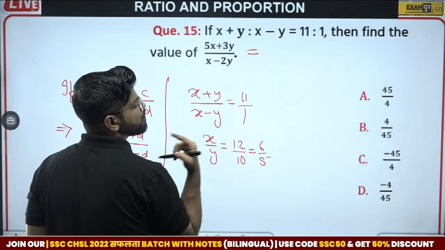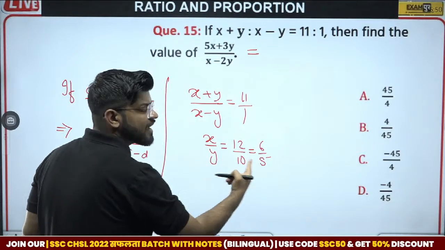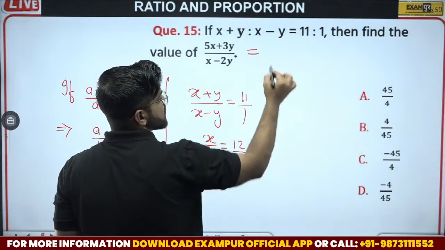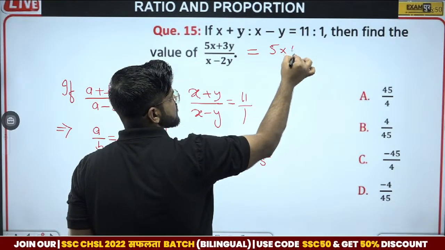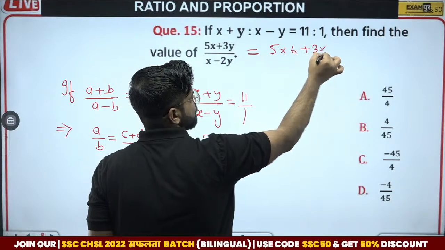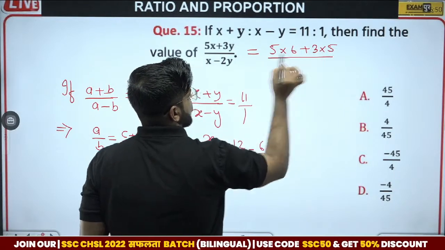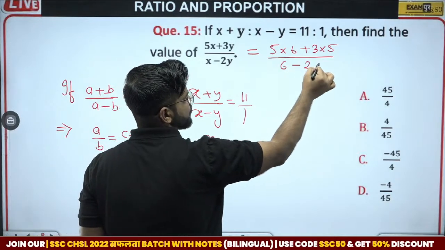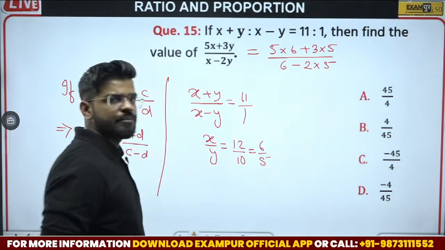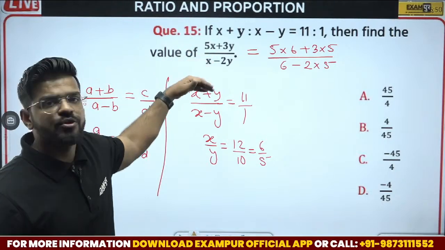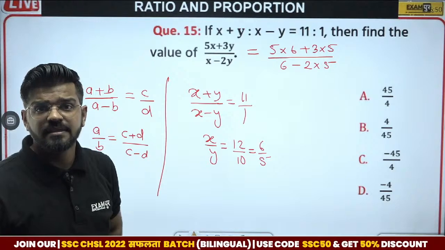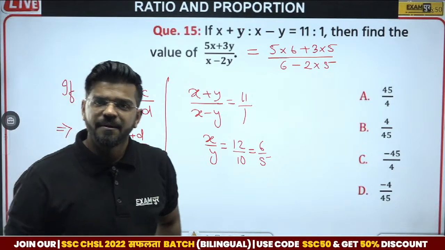For x we have to put 6, and for y we have to put 5. So 5x means 5 into 6 plus 3 into 5, right? And x, what is x? X is 6 minus 2 into 5. You can directly put here, if the degree of numerator and denominator is the same, that means if it is a homogeneous polynomial.